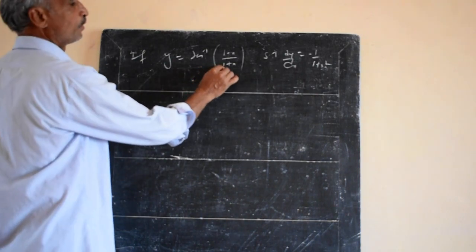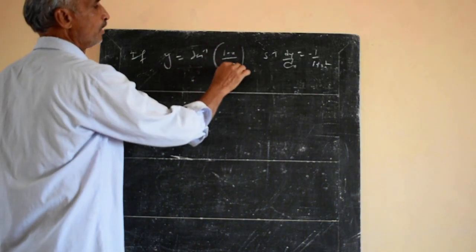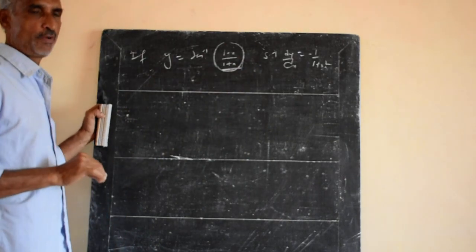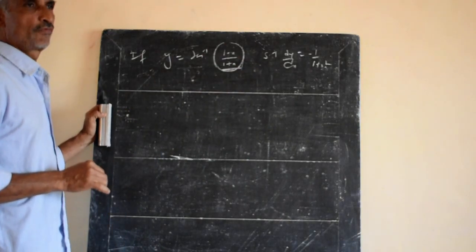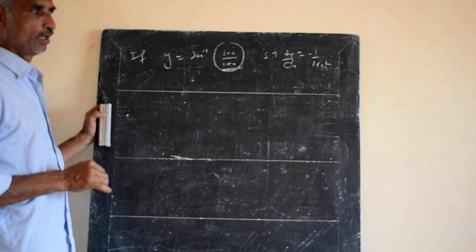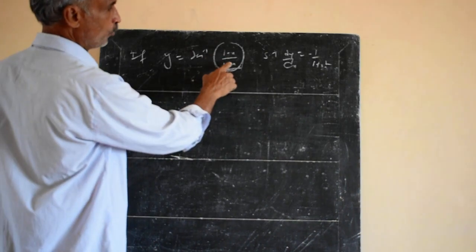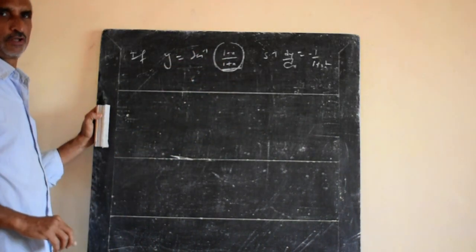So trigonometric substitution is necessary when this f of x is in a very complicated form, when d by dx of f of x is a complicated one; then it is better to take suitable trigonometric substitutions for the variable x.